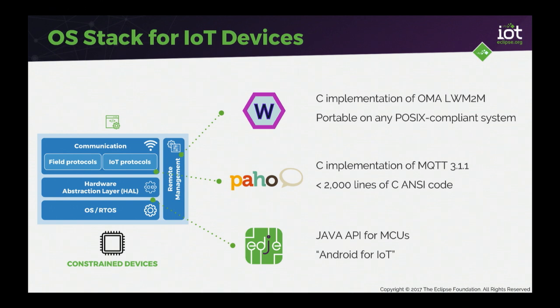Hardware abstraction layer, there's a very cool project that you might want to check out. It's called Eclipse Edge. That's essentially Android for microcontrollers. It provides a Java API for abstracting out the capabilities of a microcontroller. So the access to the UART, the GPIO, if those names sound familiar to you, the access maybe to a file system if there's a file system.